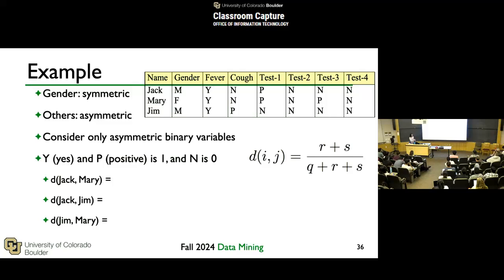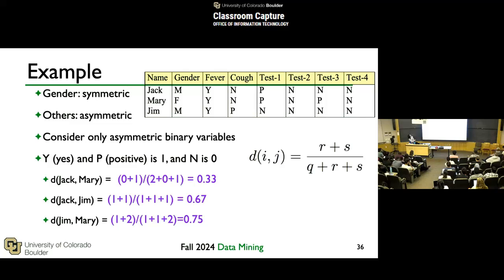Now I'm trying to look at their distance. I'll just do one here: Jack and Mary. Only look at the positive cases. Both are yes, and then there's one that is different, that's the one I have here.